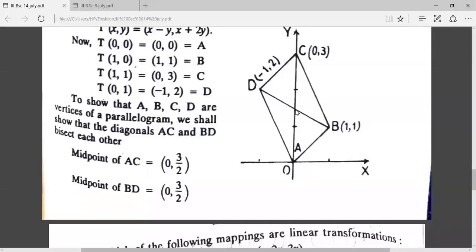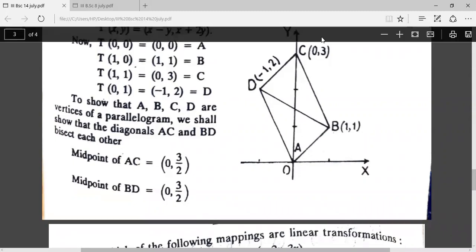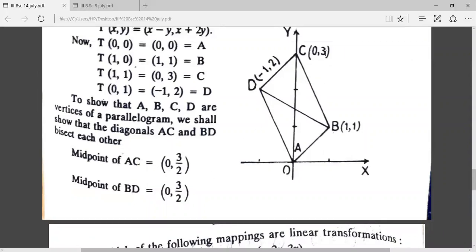So once I add this, what are the coordinates of A? 0, 0. 0 plus 0 divided by 2, that is 0. 0 plus 3 divided by 2, because the second coordinate is 0 for A, that is 0, 3 by 2.